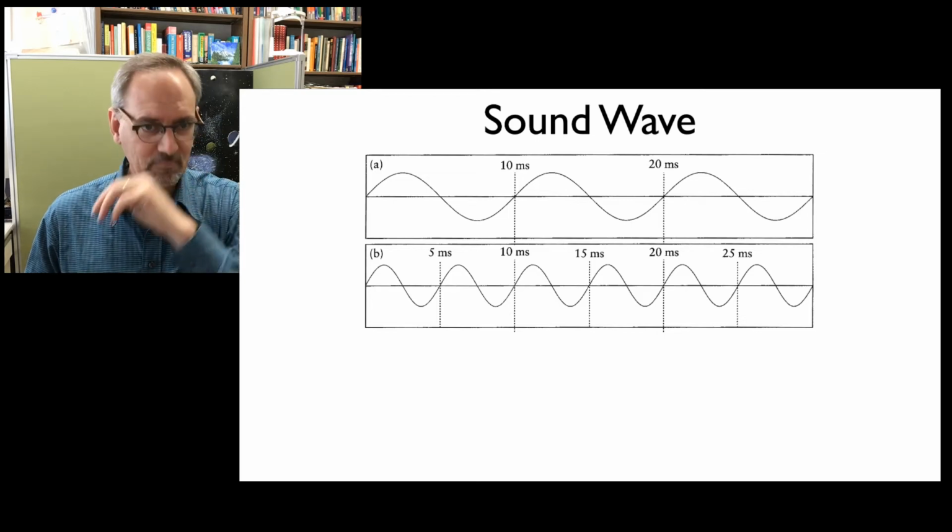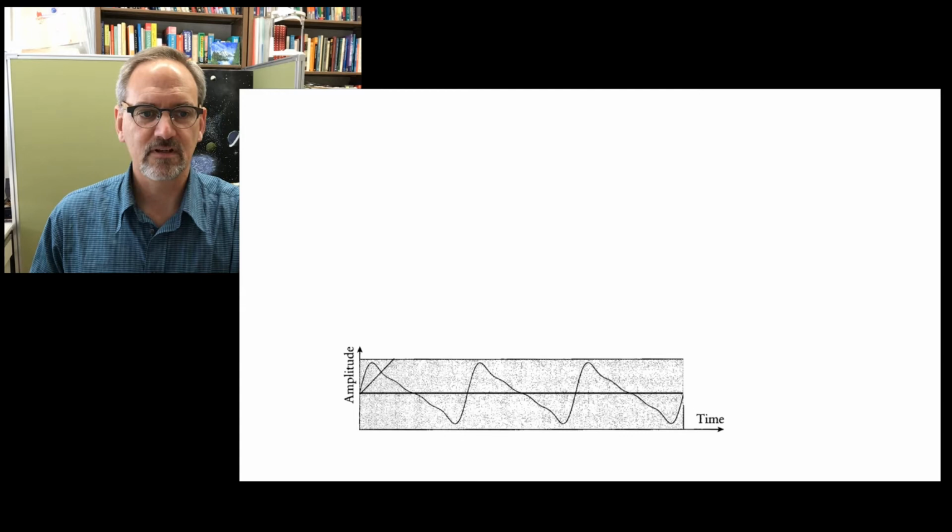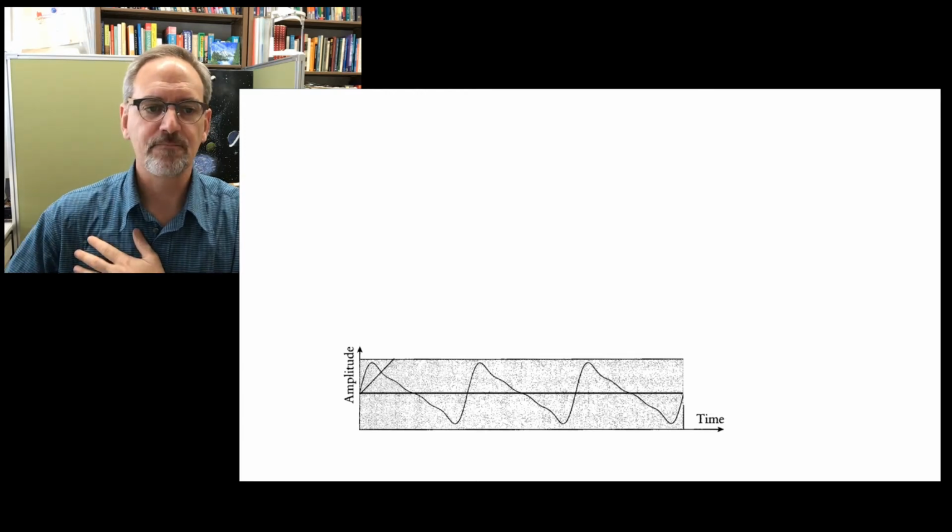Now, I'm going to draw the spectrum of these complex vibrations. So let's look at one that's a little more complex. I think I showed this last week. You'll notice that the vibration repeats itself, 2, 3.